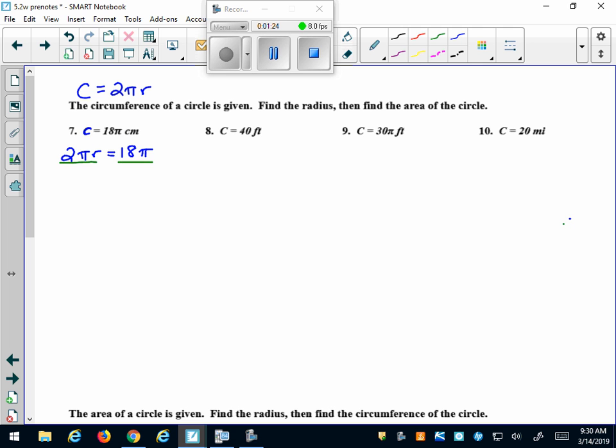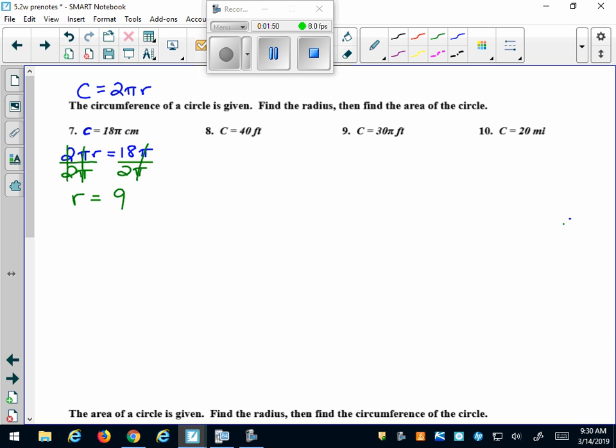If we divide both sides by 2 pi, since there's a pi on both sides, the pi's cancel out. Now, on the left, the 2's also cancel out. We're left just with r. On the right, we have 18 over 2, which equals 9. So radius is 9.